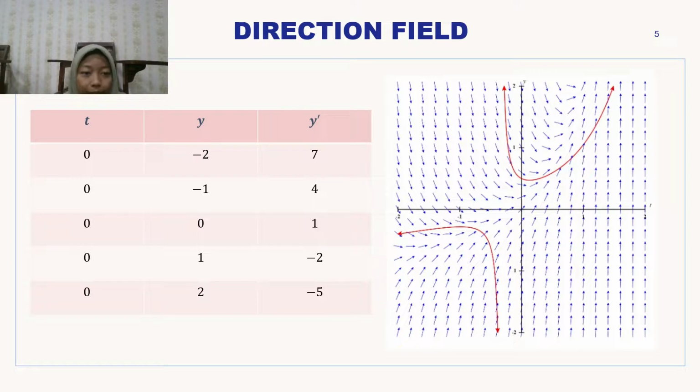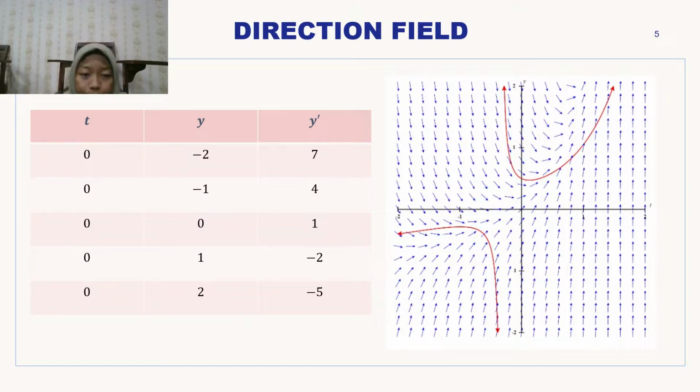So we can see that the graph will be approaching t equals negative 1 over 3. But since we have calculated that the horizontal asymptote is y equal to 0, we can see that the direction field or the graph will approach y equal to 0.